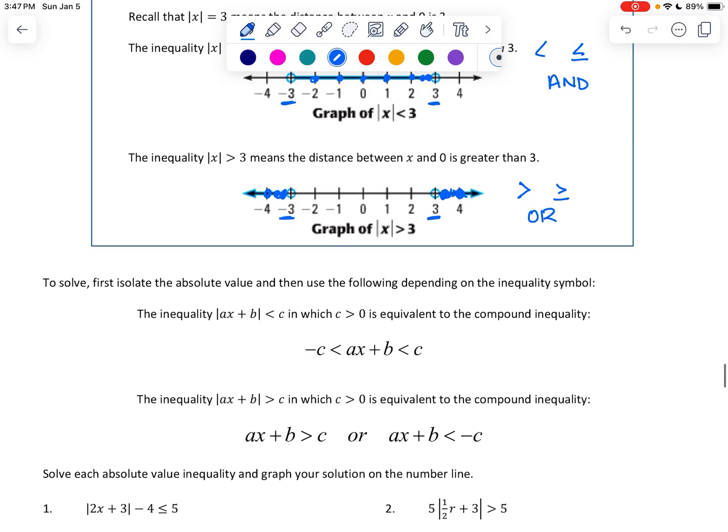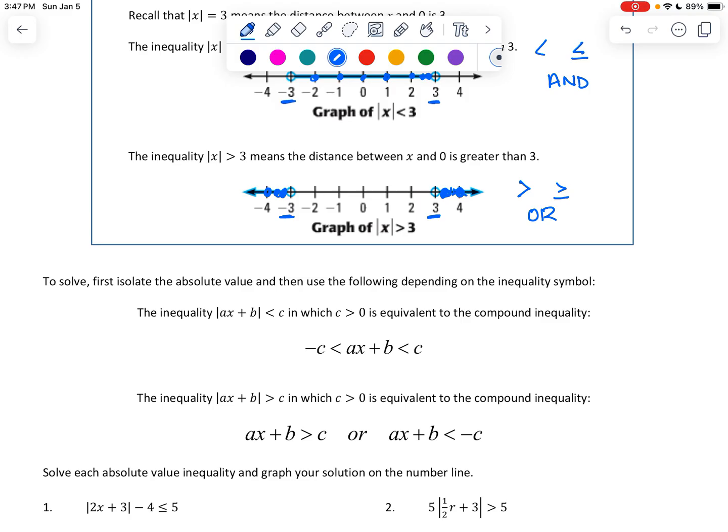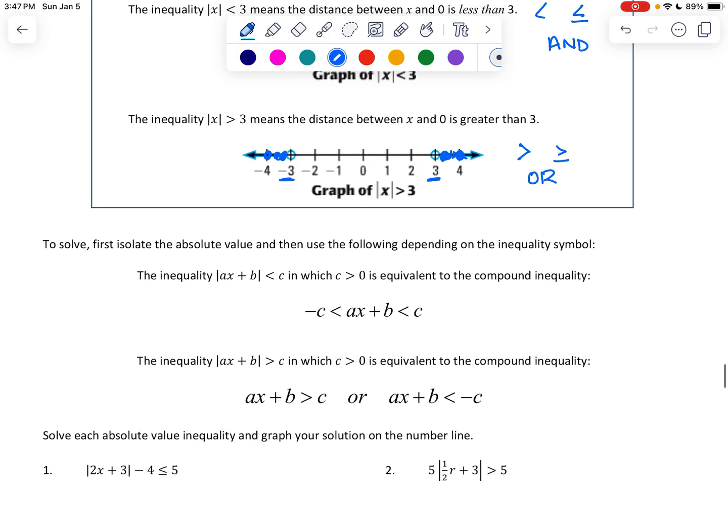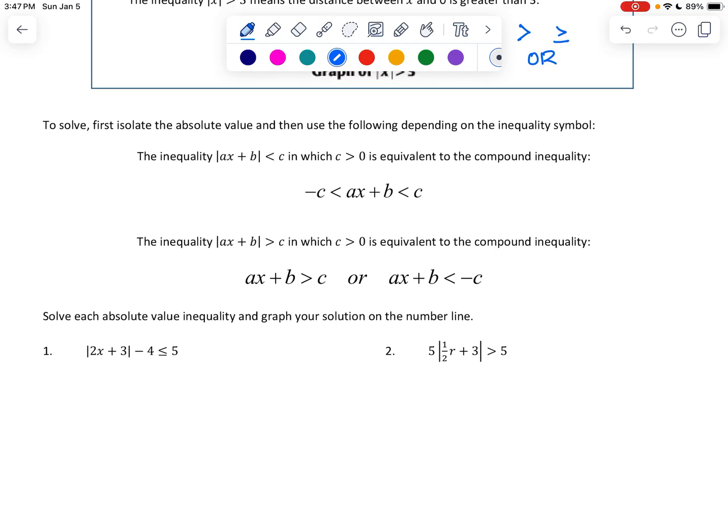Okay, so to solve these, the concept is exactly the same as it was with absolute value equations. You need to get your absolute value bars alone first, so you have to get this stuff by itself first. Okay, and then we'll go from there.